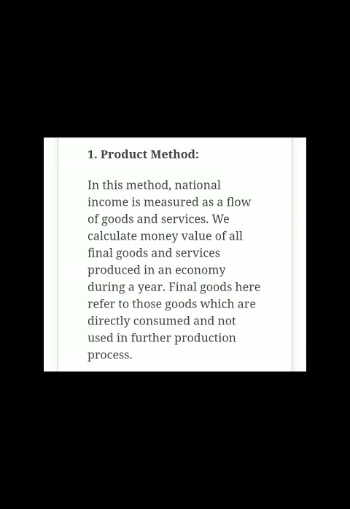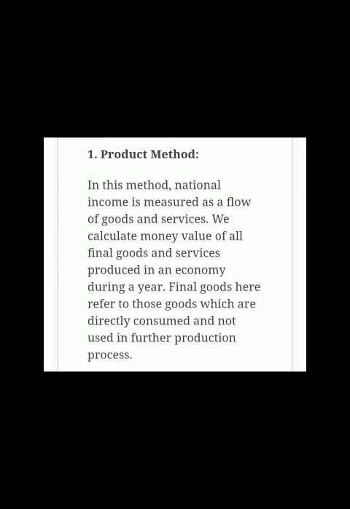So we calculate the money value of all the final goods and services produced in an economy during a year. Final goods here refers to those goods which are directly consumed and not used in further production process. That means only the value of final goods and services is calculated, not the value of intermediate goods.